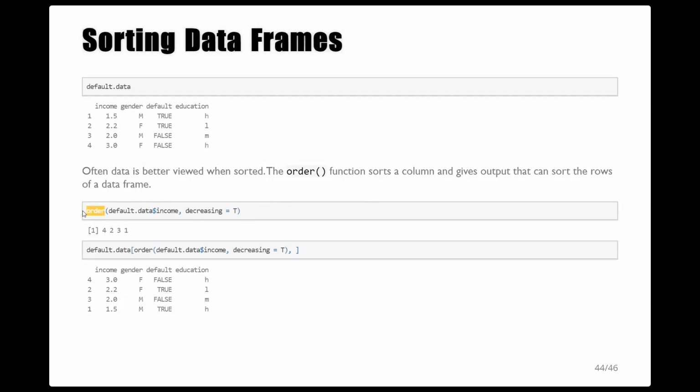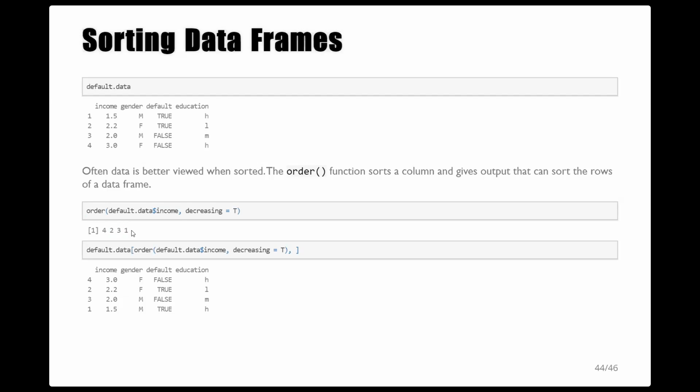Invoking the order function on the income column outputs this vector. It actually gives the position of the largest value in the income column, and second, the position of the second largest value in the income column, and so on until the position of the smallest income value in sequence.